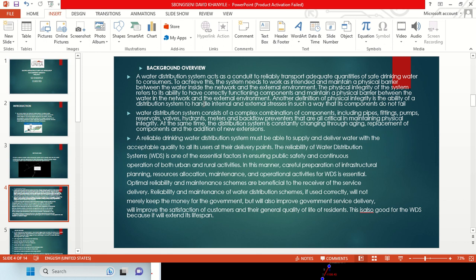It will also improve the government service delivery, which I have mentioned before. And this will also be good for the water distribution system because it will extend its lifespan.